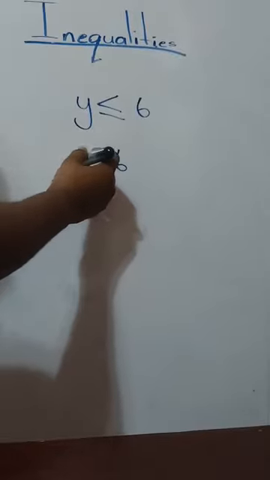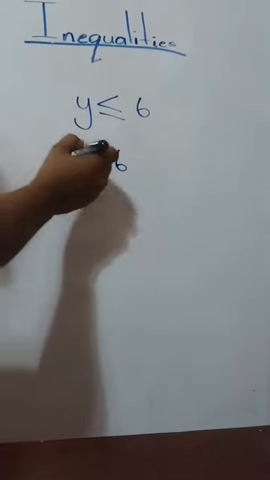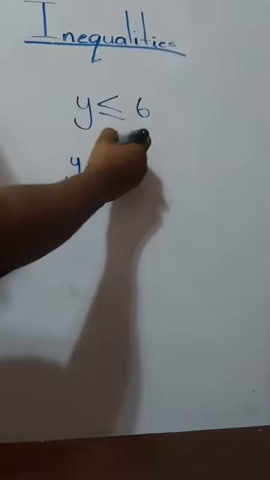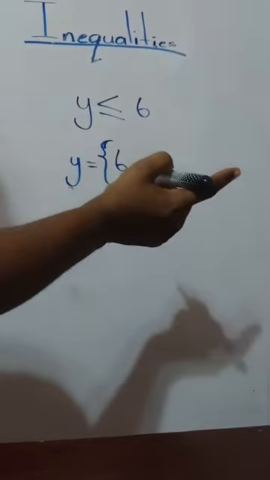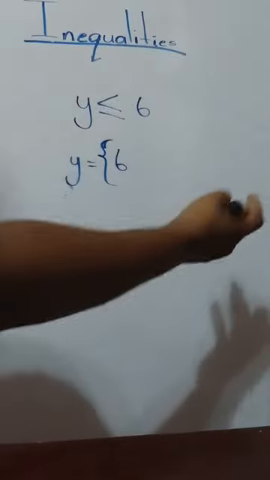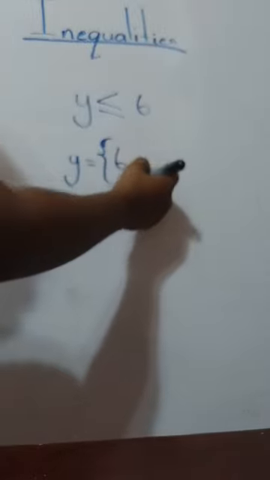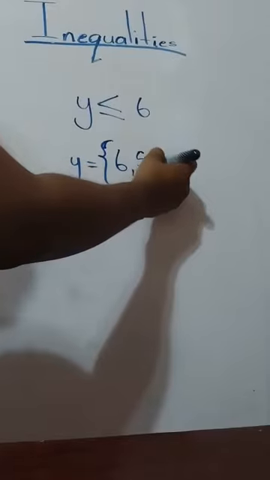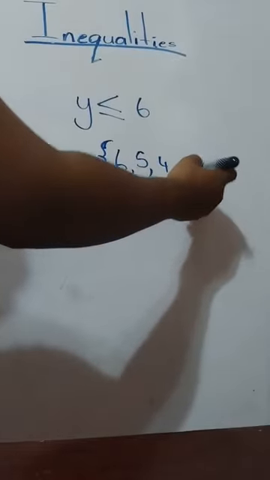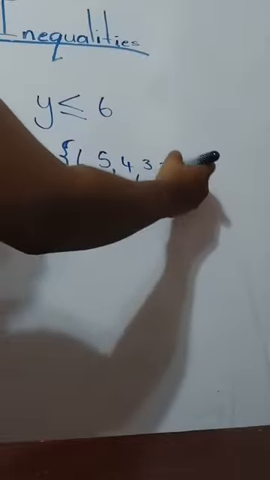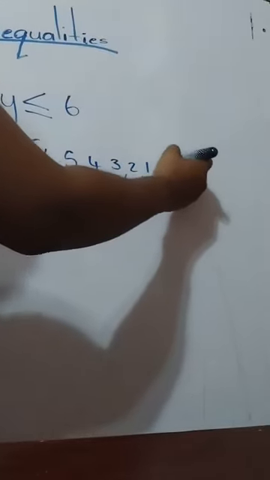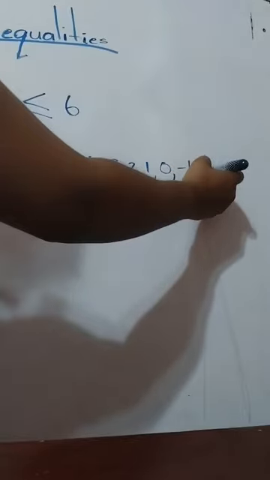Now, the statement says that y is less than or equal to 6, so it's not one value y can have. y can have multiple values. Starting at 6, since it's less than, we're looking at numbers going down. So y could be 5, y could be 4, y could be 3, y could be 2, y could be 1, y could be 0, y could be -1.